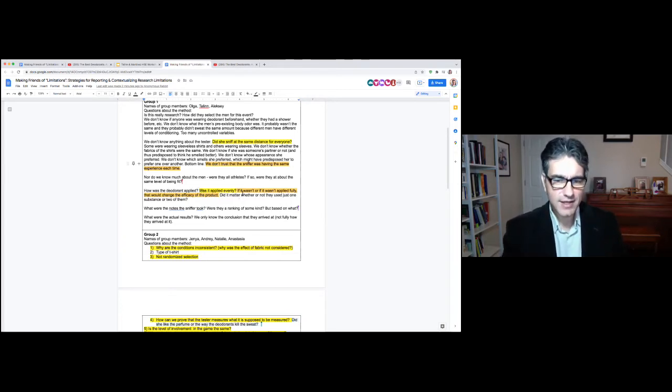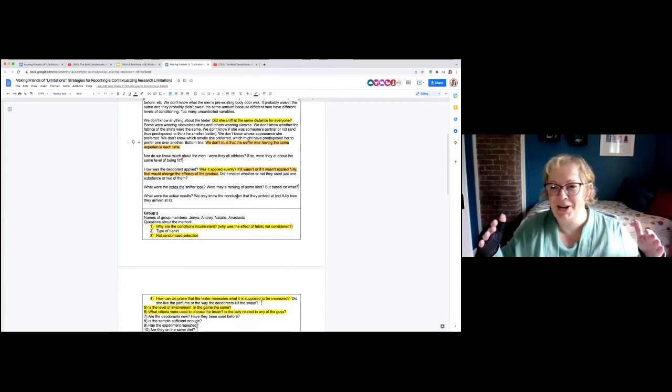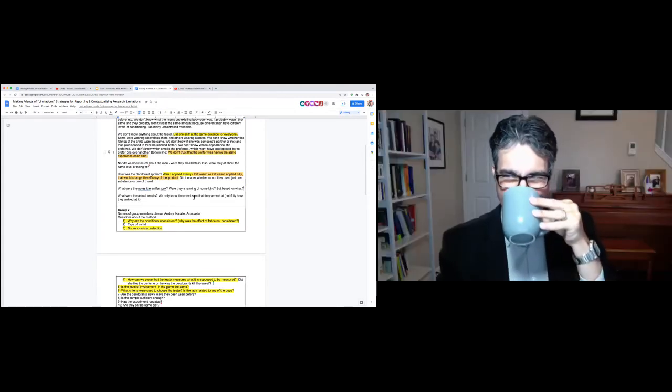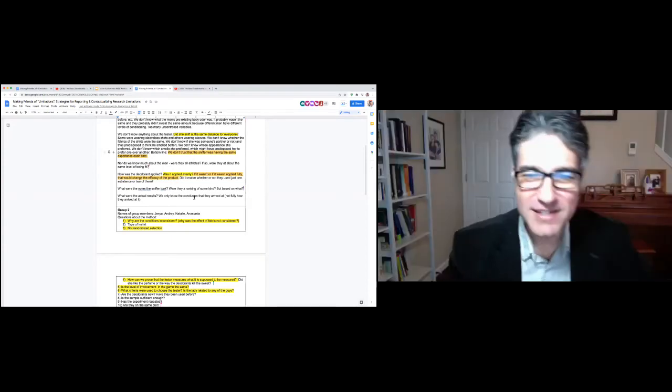The reason they asked this question is if it wasn't applied fully, that would change the efficacy of the product, clearly, which raises other questions of, is there a difference between roll-on and spray, for example? And to make this even grosser, what about the level of armpit hair, which would impact how much got to the source? Yeah, that's another one.